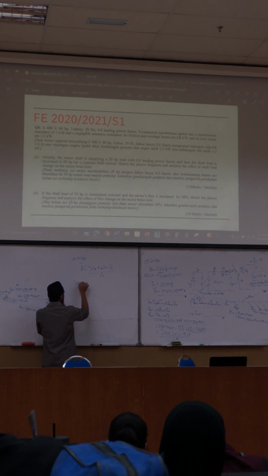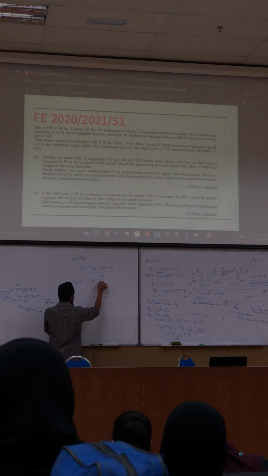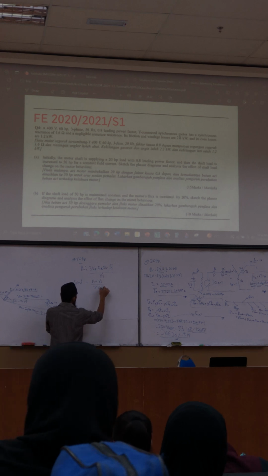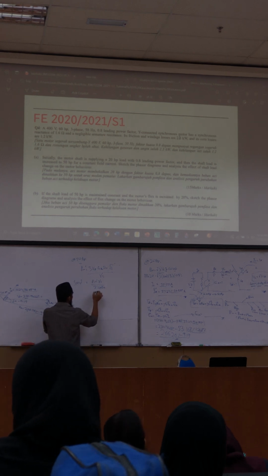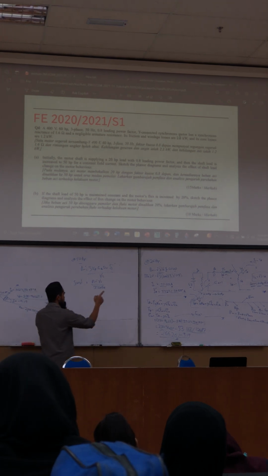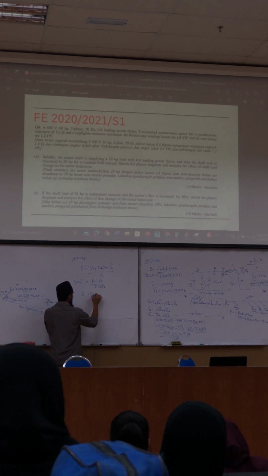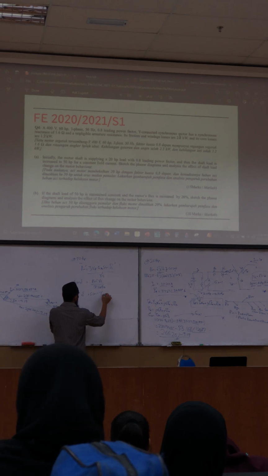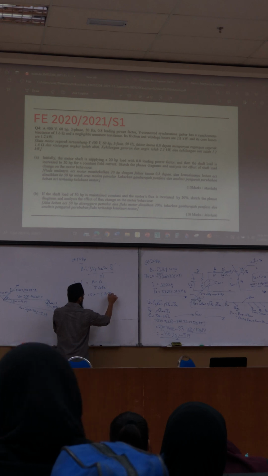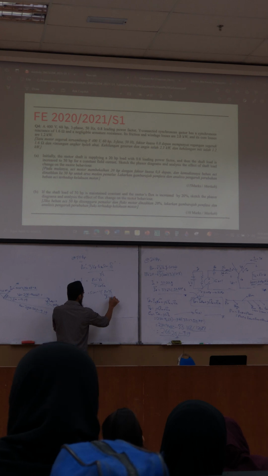So sine delta is equal to P in prime times XS divided by 3 V phase EA. EA is your old EA because the field does not change, so EA will be maintained. So delta will become sine inverse of P in prime XS over 3 V phase EA.